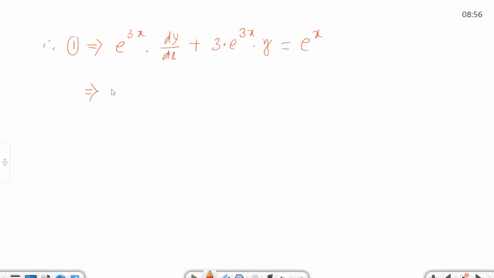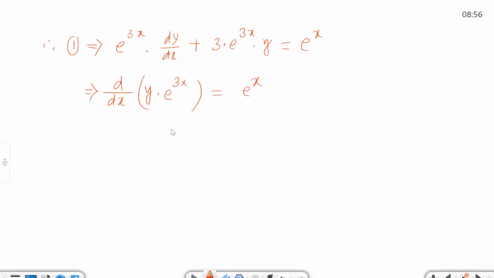This implies d/dx of, since the equation is linear in y, y into e to the power 3x is the integrating factor, equal to the right hand side, which is simply e to the power x.